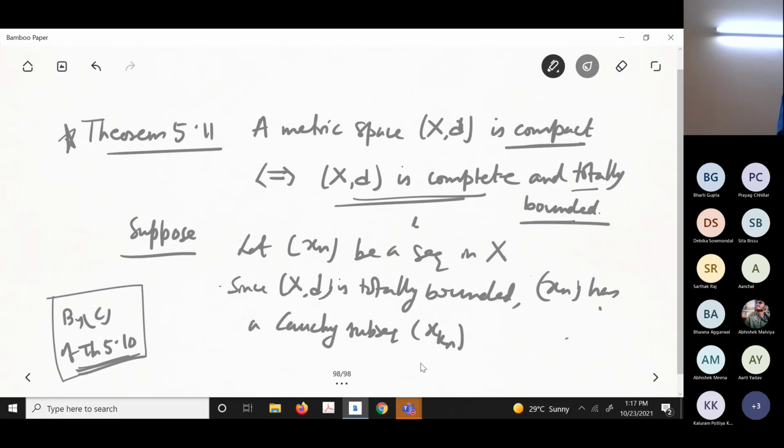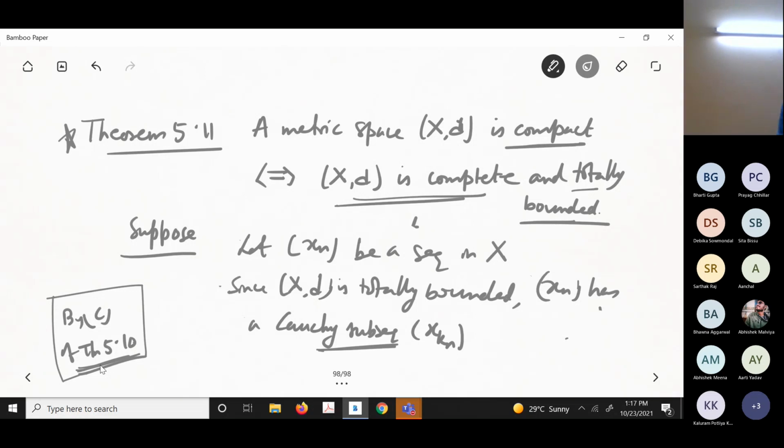But X is given complete, so it converges. Right, so you are getting that every sequence has a convergent subsequence. I am using this sequential characterization. So any metric space is compact if and only if it is complete and totally bounded.